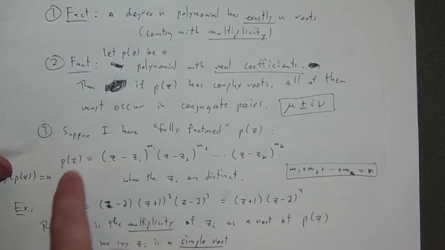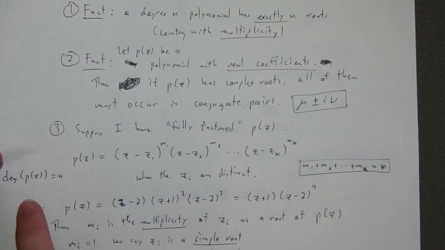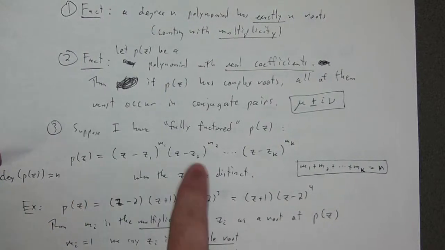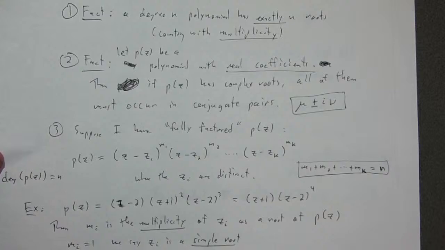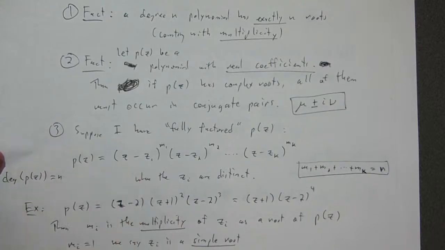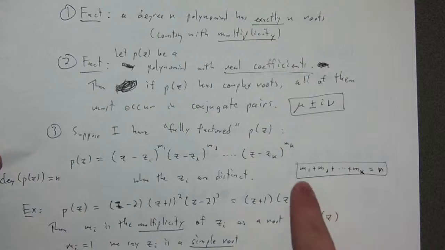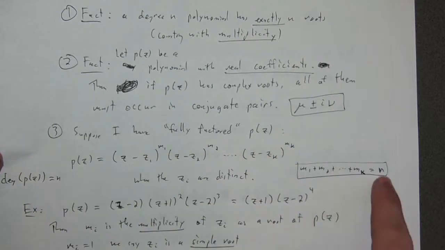Why? Because if I fully factored a degree n polynomial into these factors, then if I were to multiply all of this out, the highest power of z showing up has to be n. But the highest power of z is the sum of all these m's. So it has to be n.